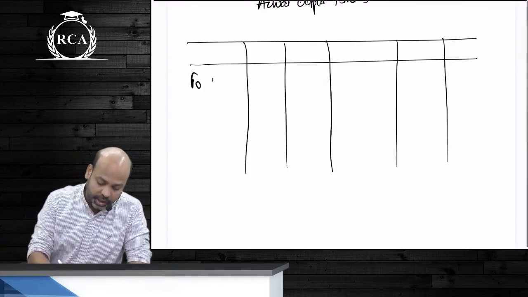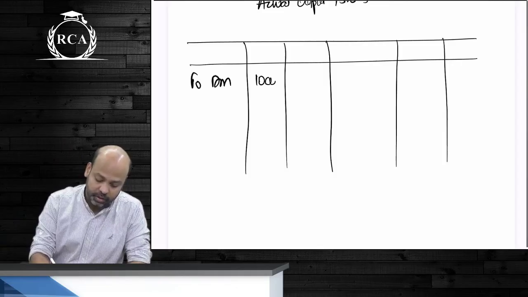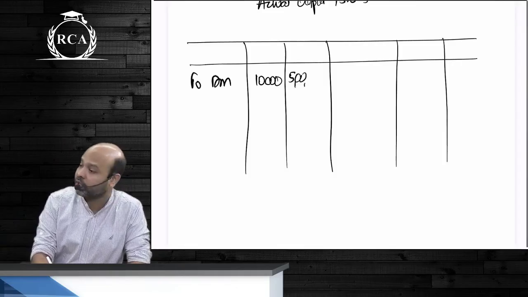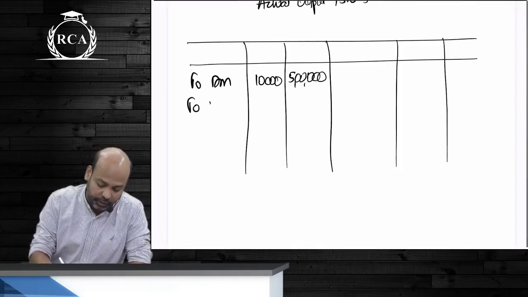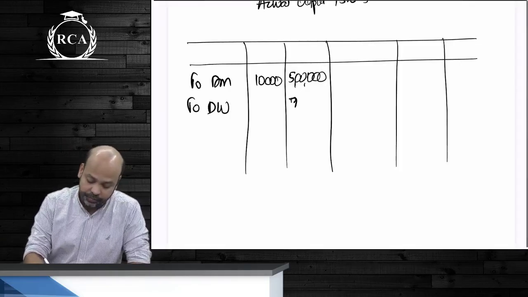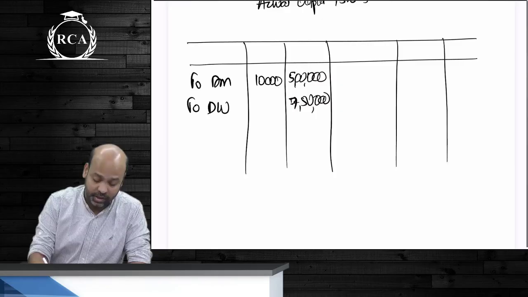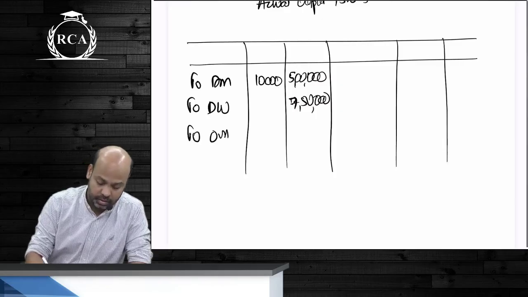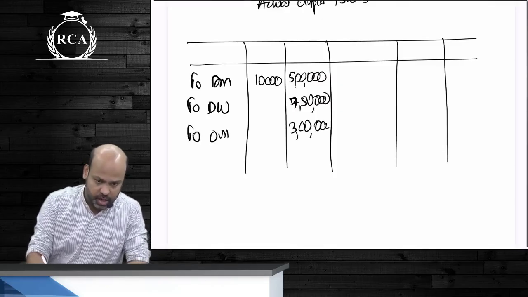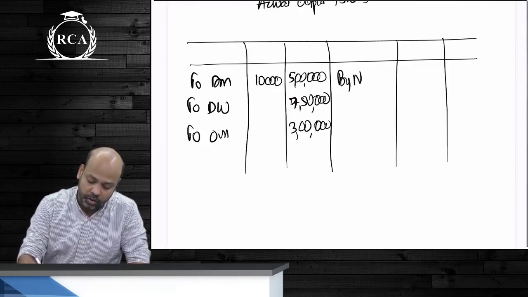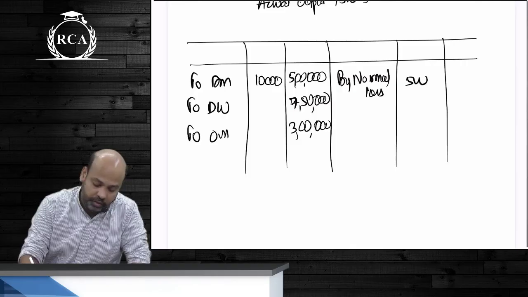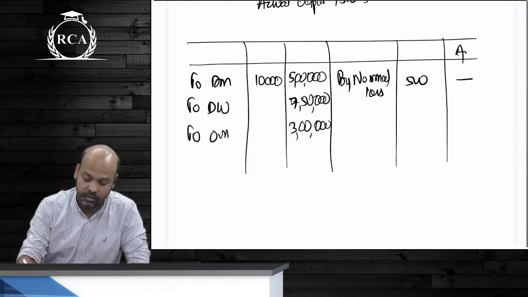So here I'll write 2 direct materials. Listen again now. 2 direct material 10,000 units at an amount of 5 lakhs. 2 direct wages, beta, amount is, and 2 overheads, beta, 3 lakhs. I have a normal loss of how many units? 500 units. 0 rupees.